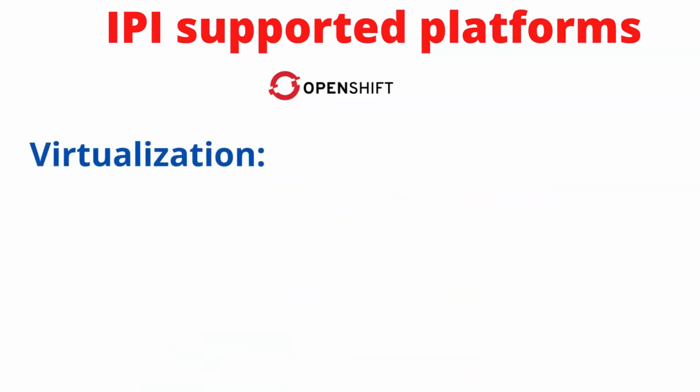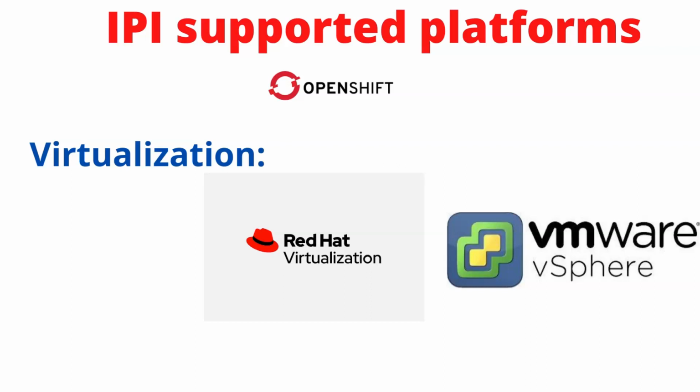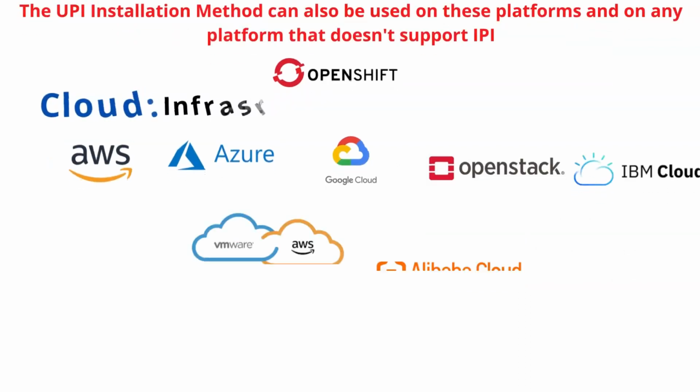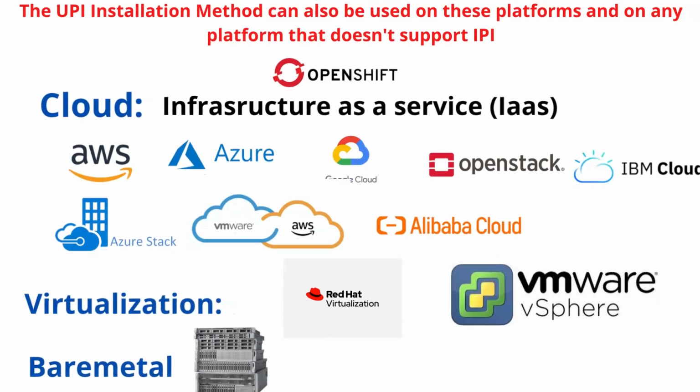For virtualization platforms, we have the Red Hat Virtualization and VMware vSphere. And of course, if you don't want to use the IPI method, you can also use the UPI method on these same platforms, especially when leveraging IaaS, which is the Infrastructure as a Service platform on cloud.